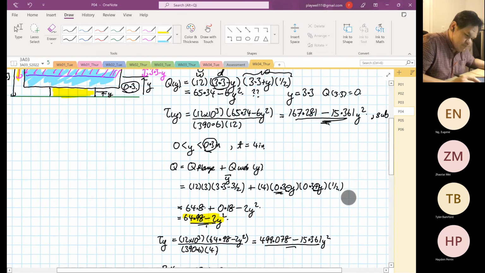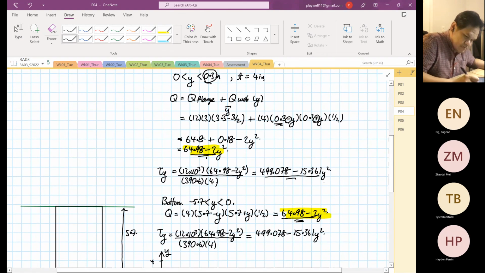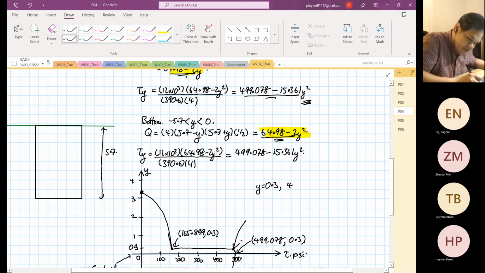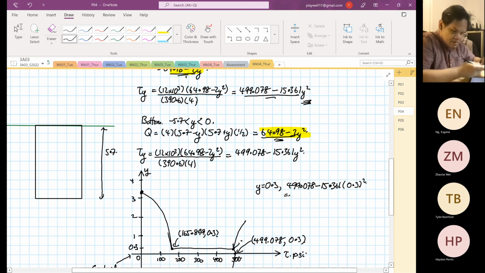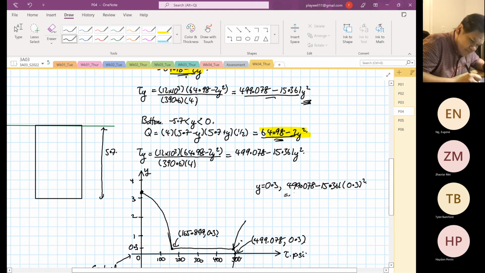You substitute y equal to 0.3, so it's equal to 499.078 minus 15.361 times 0.3 squared. 499.078 minus that value is 497.696 in PSI.